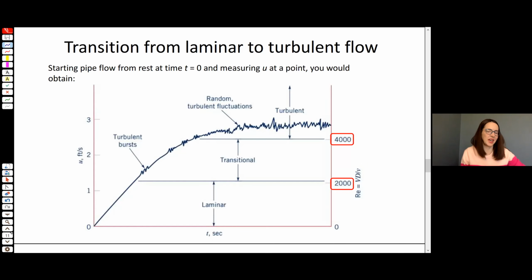Moving on. All right, now let's talk about turbulent pipe flow, right? So first, let's just imagine that we have the flow through a pipe. Again, it's a horizontal pipe. The flow is left to right.